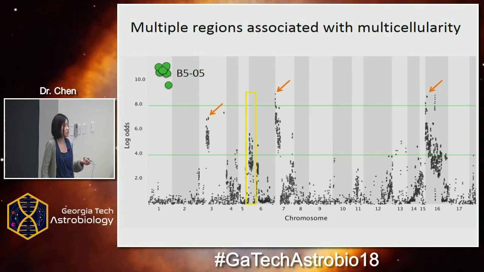Both these mutations and the ones I showed in the last slide are either in introns or intergenic regions, so none of them change amino acid sequences. So we're still working on what they actually do to change those phenotypes.